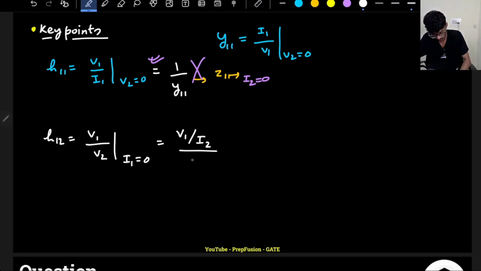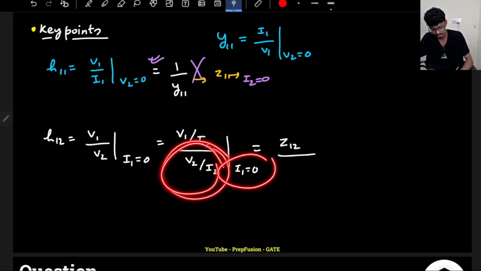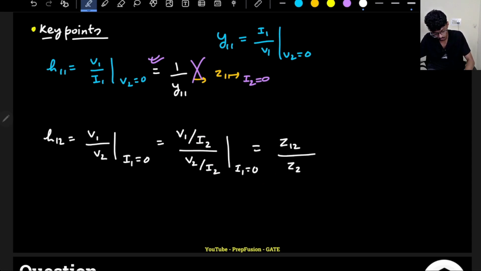So this will be v1 by i2 and v2 by i2, when my i1 is 0. When my i1 is 0, v1 by i2 is the z12, and v2 by i2 is z22.